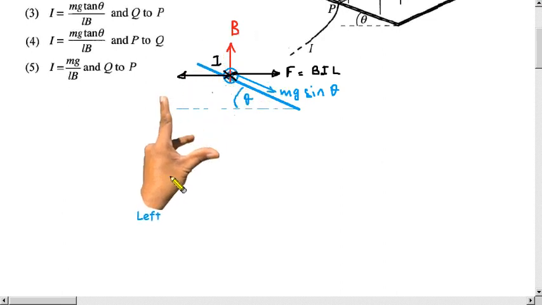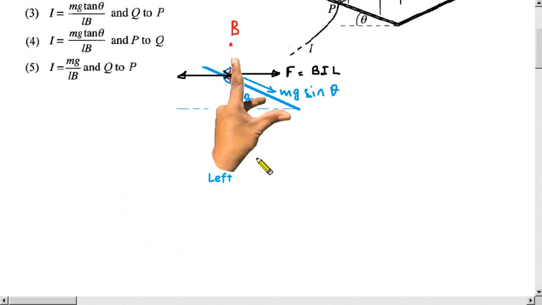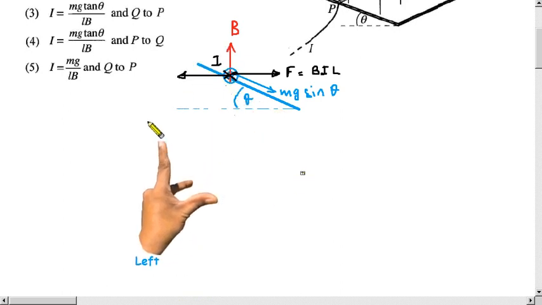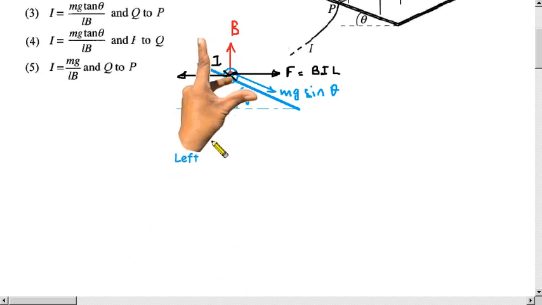If the current is into the wire, the center finger is pointed towards the wire, into the paper.